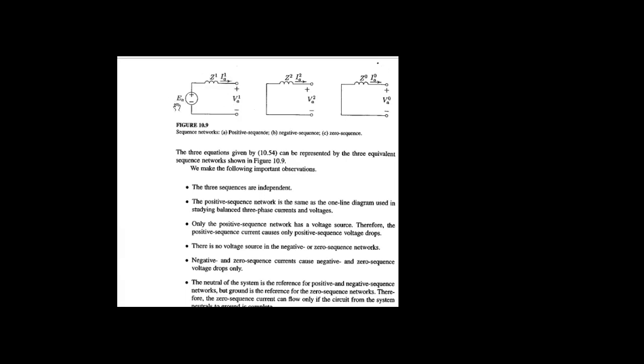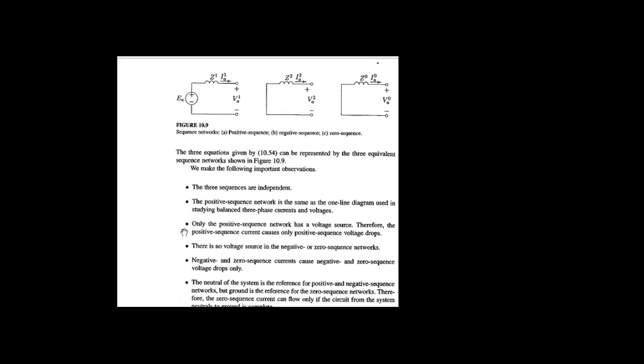And you will have internal EMF only for the positive part. So the three sequence impedances are independent. The positive sequence network is the same as the one-line diagram used in studying balanced three-phase currents and voltages. Only the positive sequence network has a voltage source. That's the main point of this derivation.